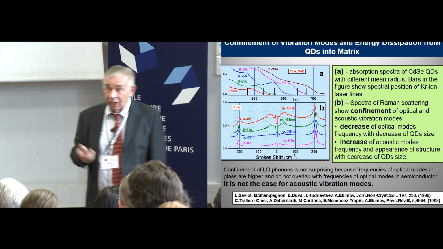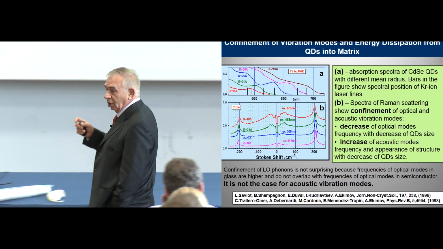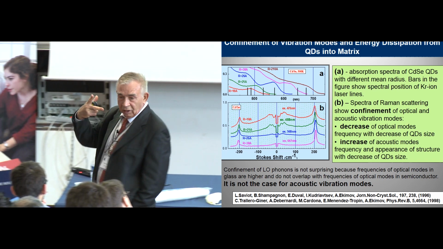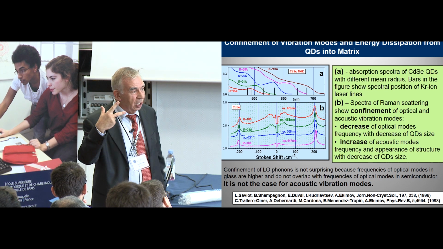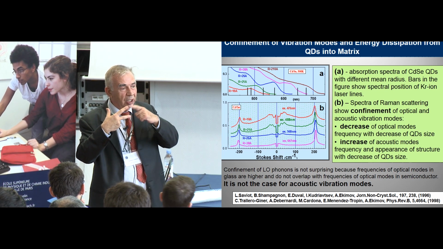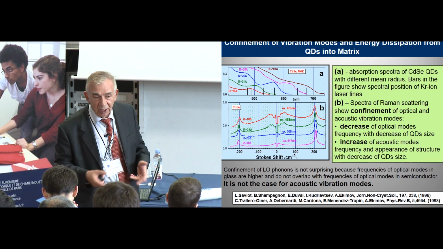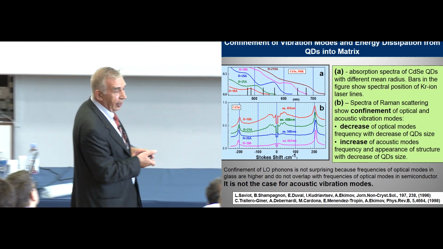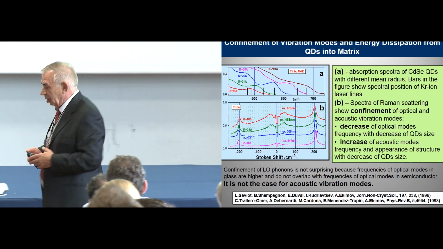The second was the so-called phonon bottleneck, which again looks very natural. When you have very small particles, for example, cadmium selenide, you have splitting of the electronic levels, hundreds of milli-electron volts, and to relax from that level to this level, it should be a simultaneous emission of a few phonons at once, which is not actually very probable.